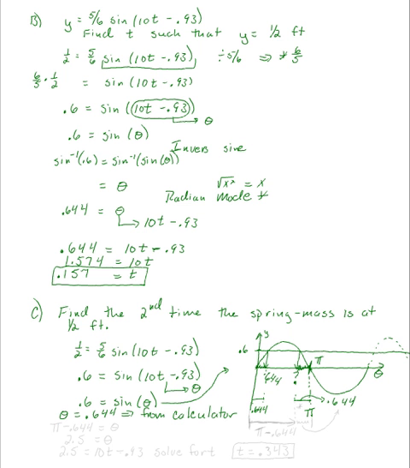So my question actually is, how far is it from the y-axis over to there? Because that's the theta that I'm looking for. Well, if it's pi all the way across, and that little piece in here is 0.644, then the piece I'm looking for has to be pi minus 0.644.